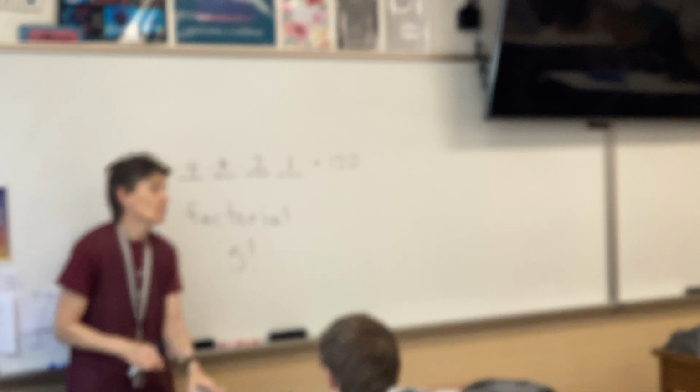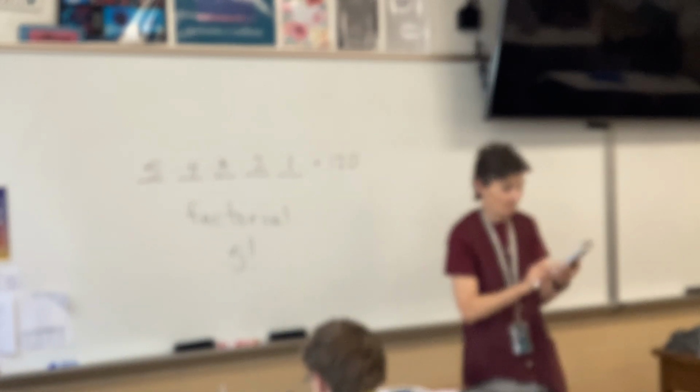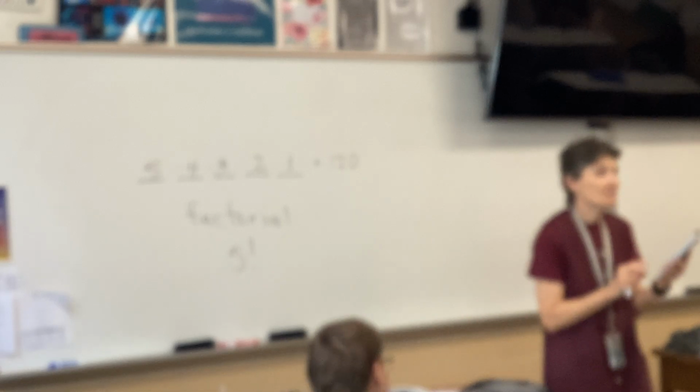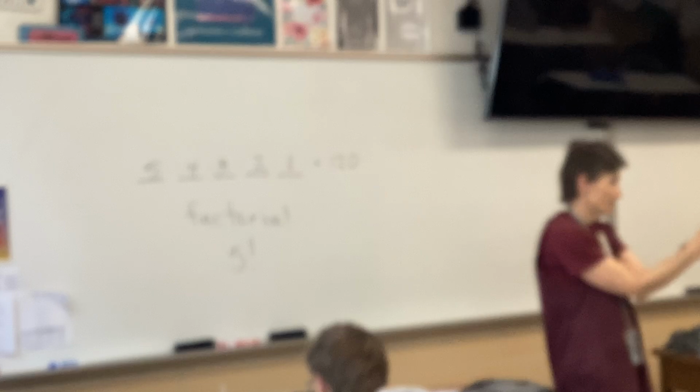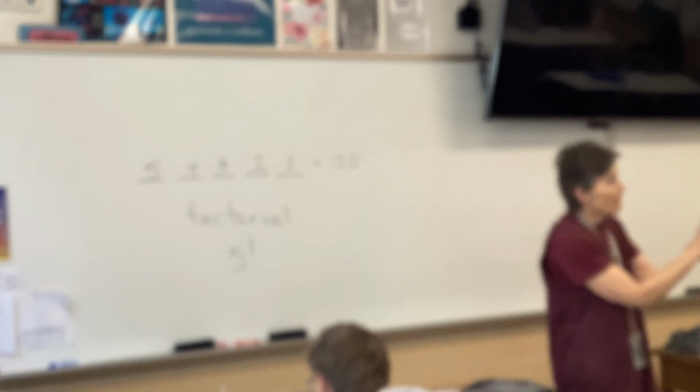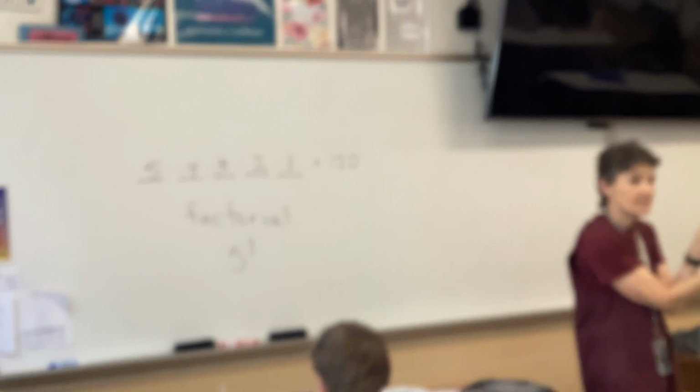Okay? Now, on your calculator, type 5. And then, do math, click across the top menu to probability, and down and hit it, and it will calculate it for you.